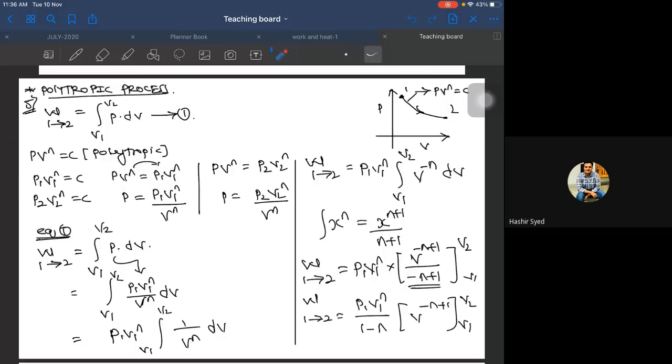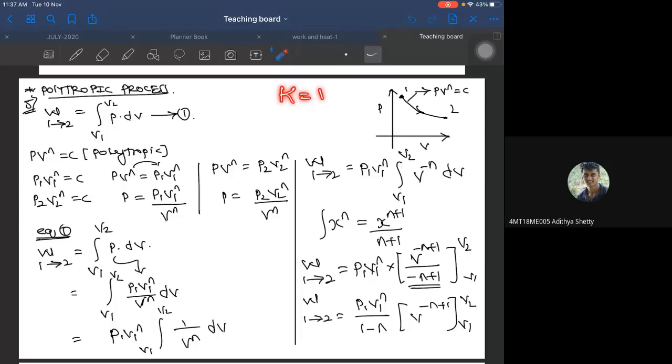So the work done, the displacement work from 1 to 2, is given by the integration from V1 to V2 of P dV. This is known as displacement work, right? So how does a polytropic process look on a PV diagram? It is a curve which has PV to the power of n equal to constant.